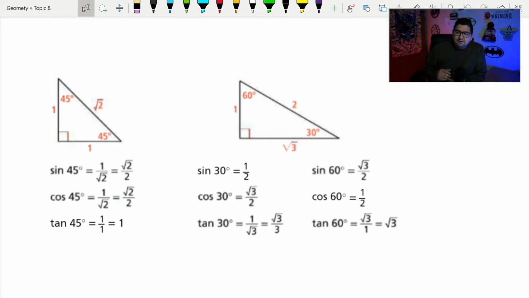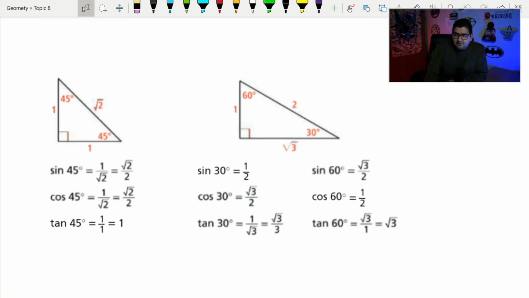So what we do is we look at the sines, the cosines, and the tangents of these angles, and we use them to help us find the measurements of another triangle. Lucky for us, we know two special right triangles that have these three angles.